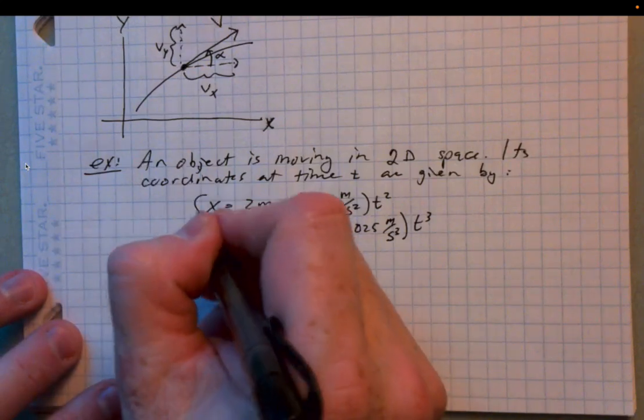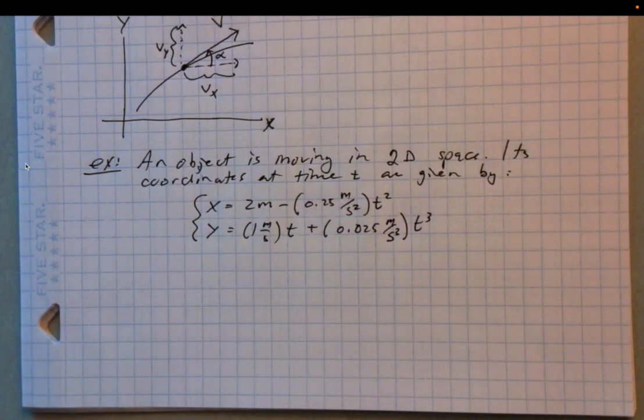Okay, so I've got this pair of expressions for the position of an object at time t. If I want to know where the object is in 2D space at 3 seconds into its trajectory, I can just drop 3 seconds into this expression. It'll give me the x coordinate and the y coordinate. So this is pretty straightforward.